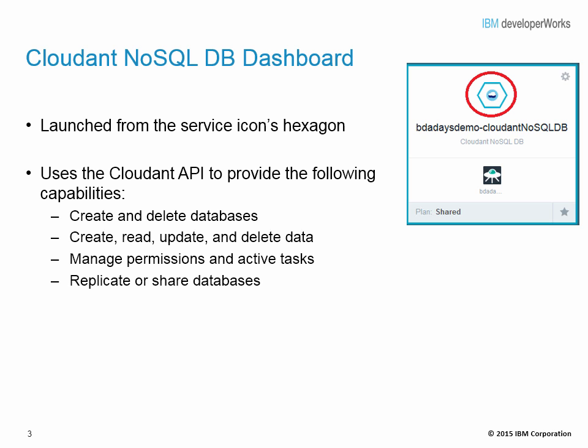So you can create and delete databases, you can create, read, update, delete data, you can manage permissions and active tasks, you can replicate or share databases, you can manage your secondary index, all your MapReduce code written to provide secondary index capabilities, and so on.